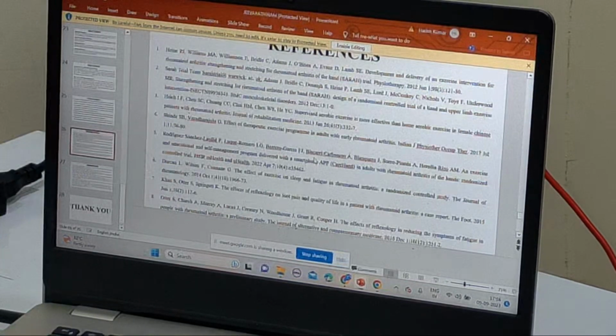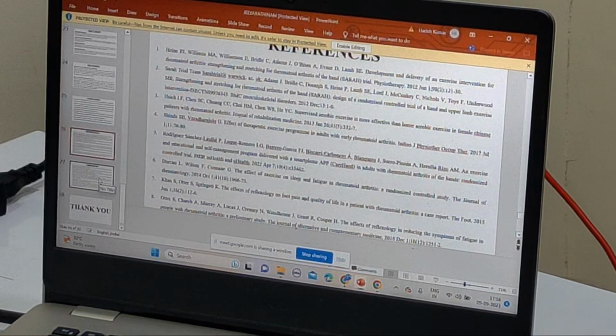These were the conclusions by the author, ma'am. But they also mentioned grip strength as an outcome measure, ma'am. So what did they give to improve the grip strength? Nothing was mentioned, ma'am. Then how did grip strength come? Also, they have included stretching and strengthening as part of their intervention.